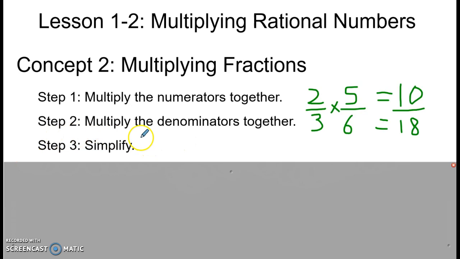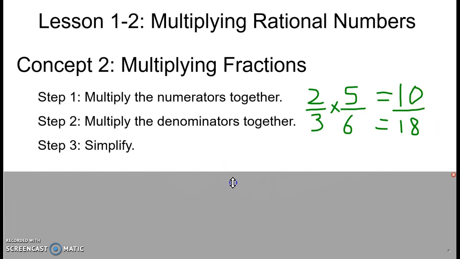Now we have to look at step number 3, simplifying. So I notice that both these numbers are even, which means it is not a simplified fraction. They both have at least 2 as a common factor. So I'm going to start by taking that 2 out.